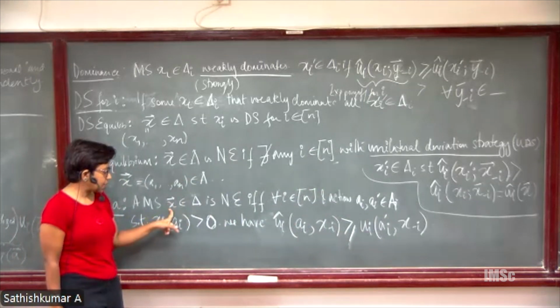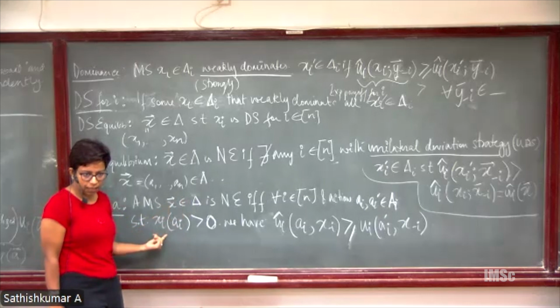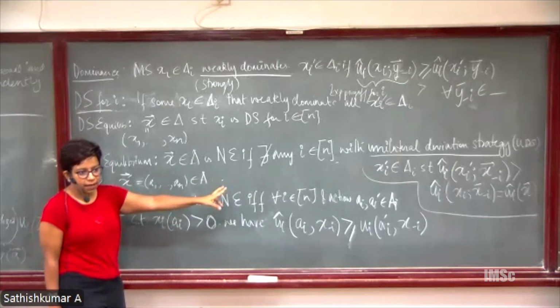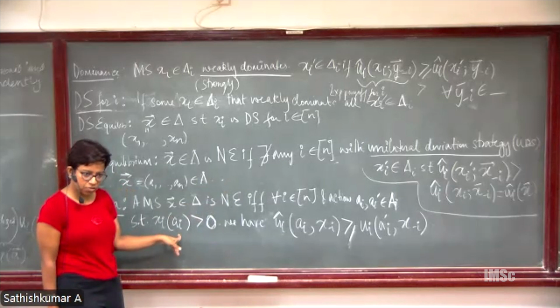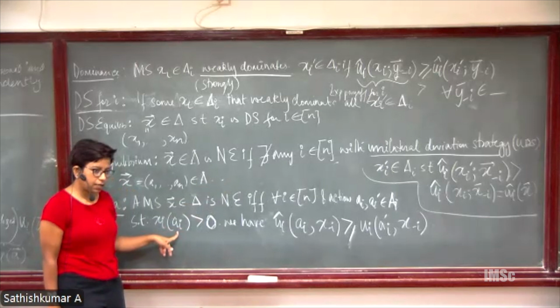So from this mixed strategy profile, you extract the mixed strategy used by player I. Of the two actions that I'm going to compare, one of them has non-zero mass under that mixed strategy. That's what this condition means: action AI is in the support of Xi.